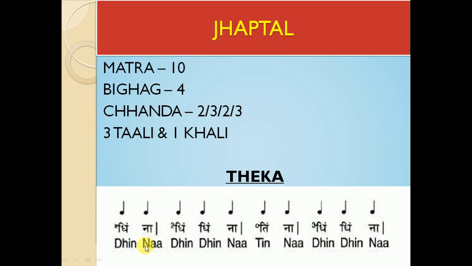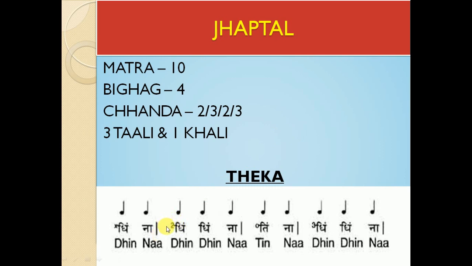How? I've already told you in the previous slide that tali is represented by a symbol plus or a symbol like cross. But my friends, tali is also represented by cross.